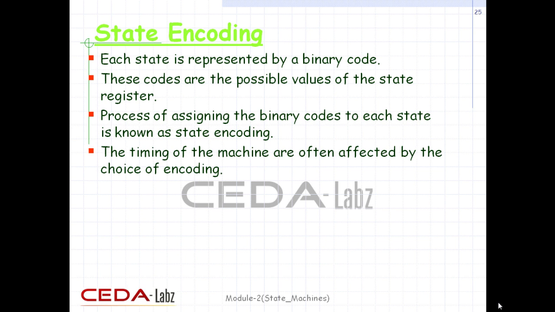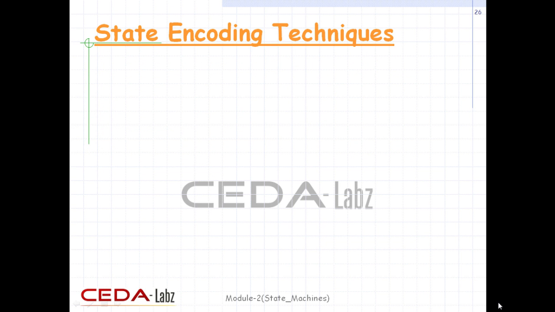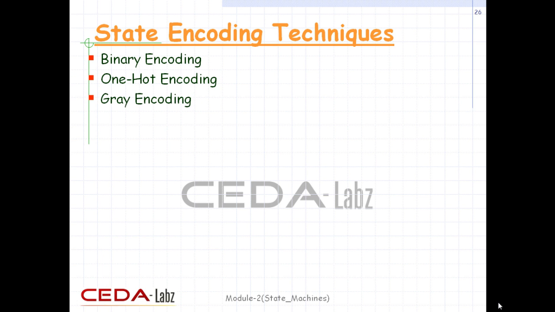The choice of encoding depends on the type of technology used, like ASIC, FPGA, CPLD, etc., and also the design specifications. The following are the most common state encoding techniques used: binary encoding, one-hot encoding, gray encoding, Johnson encoding, one-cold encoding.